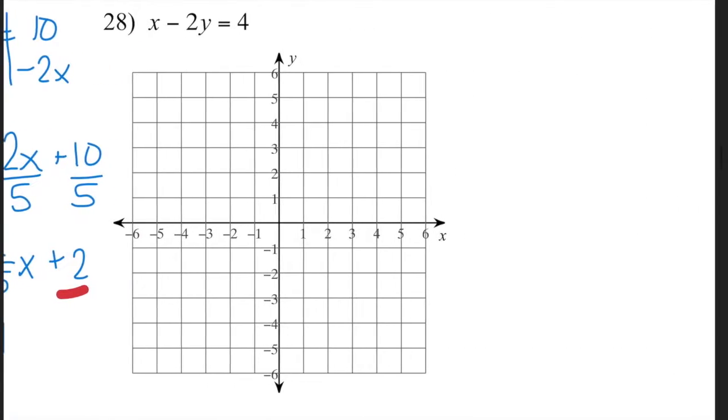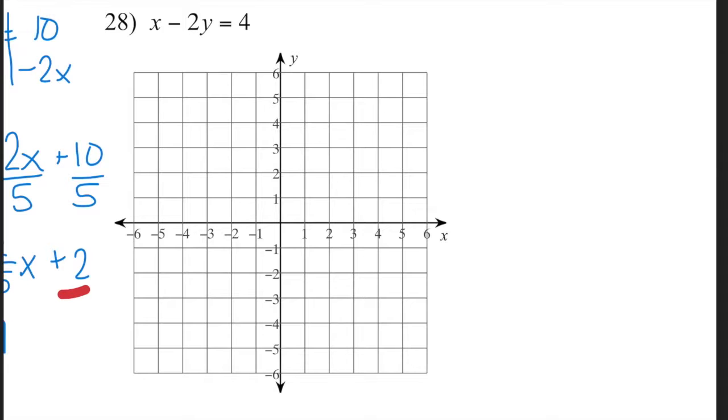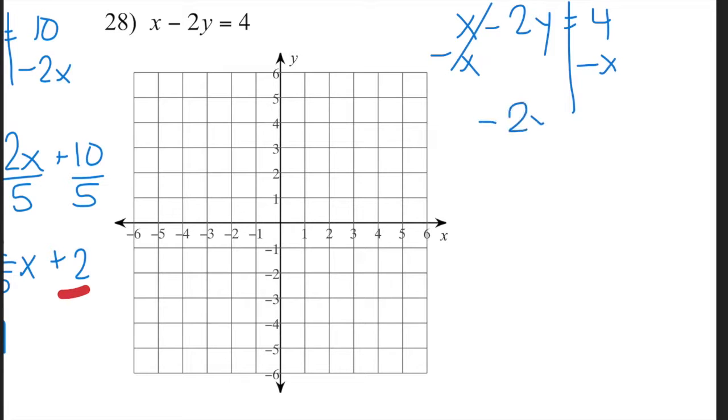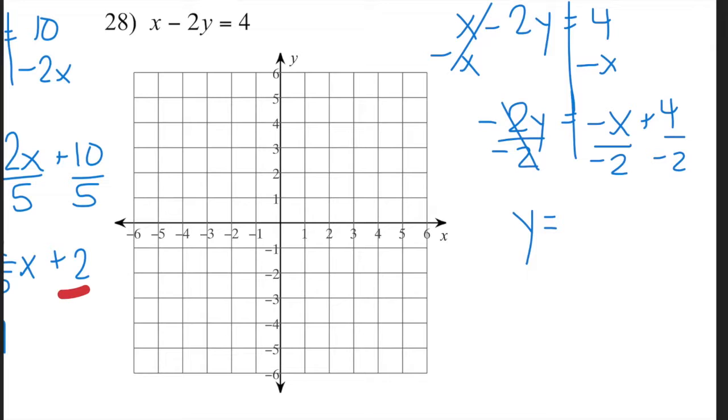Moving on to number 28, I have x minus 2y equals 4. Subtract x: negative 2y equals negative x plus 4. Divide everything by negative 2. So y equals, remember that this is a 1, so negative 1 divided by negative 2 is really positive 1/2.